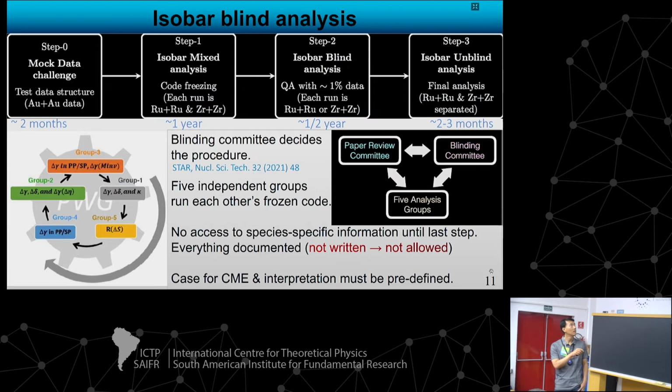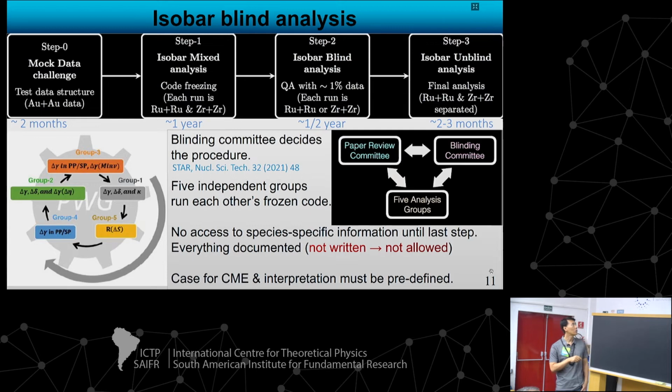It took a long time, but we think it's worthwhile because this guarantees there's minimum artificial or human mistake. STAR formed a blinding committee to decide how we should do the blind analysis, and they published a paper on this method.